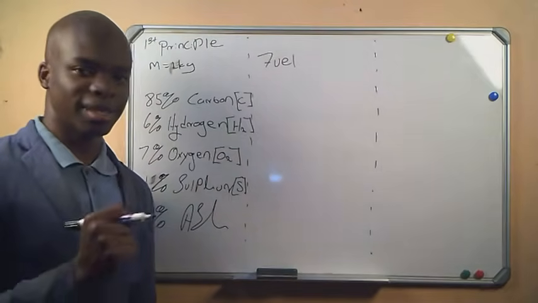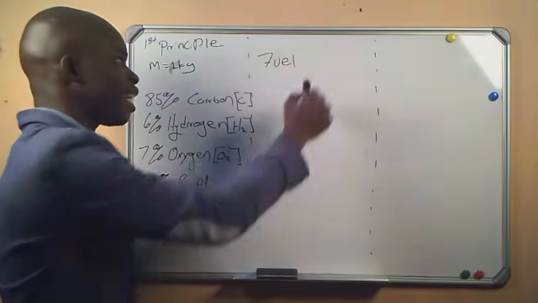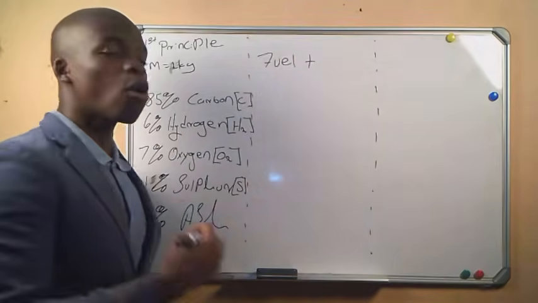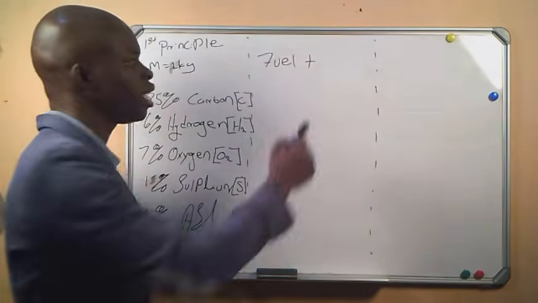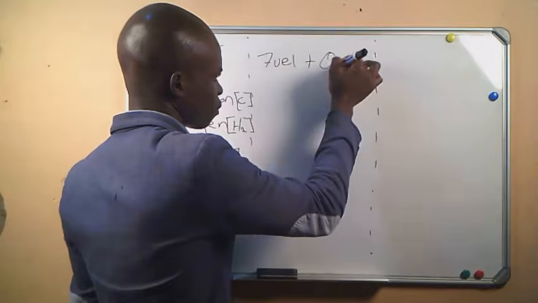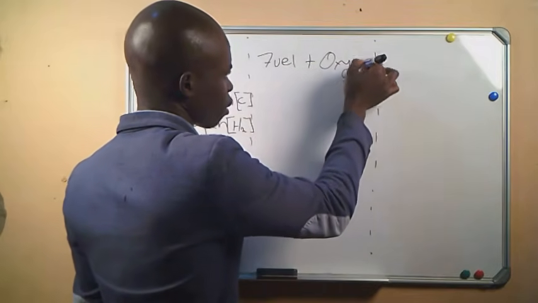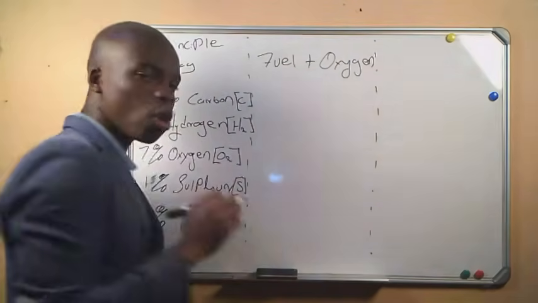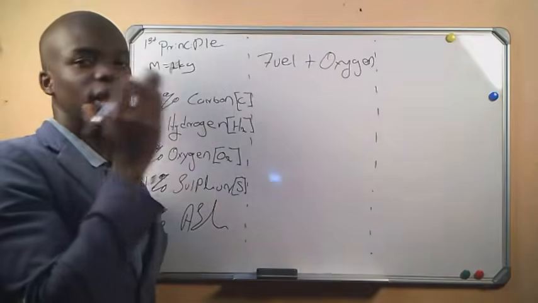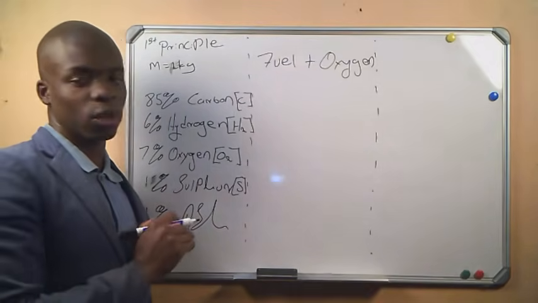From this statement, it is clear to us that for combustion to take place, we need oxygen. Without oxygen, combustion cannot take place.